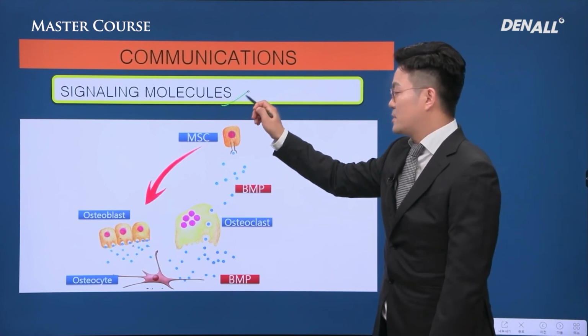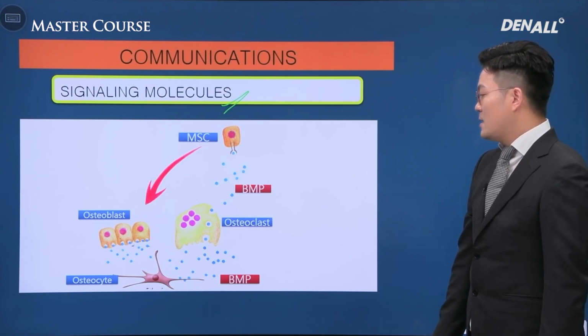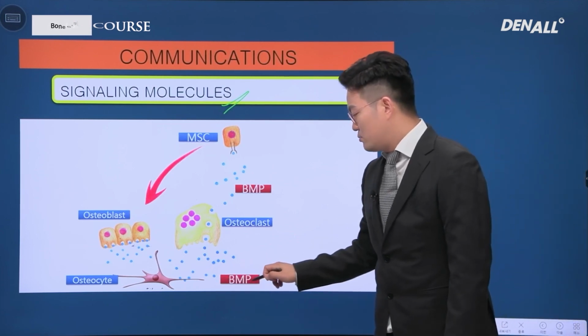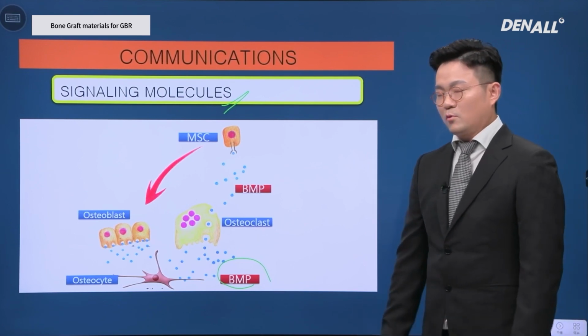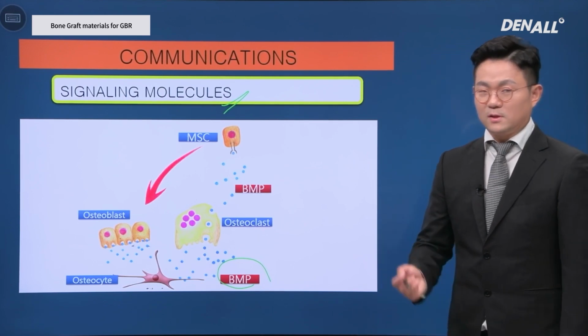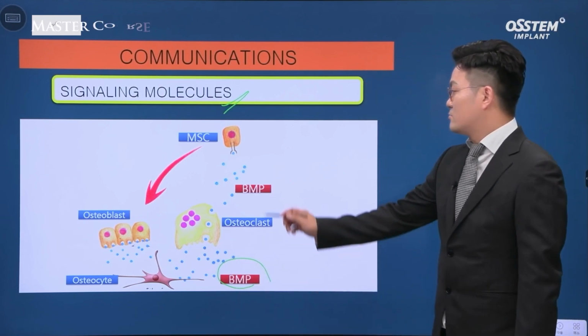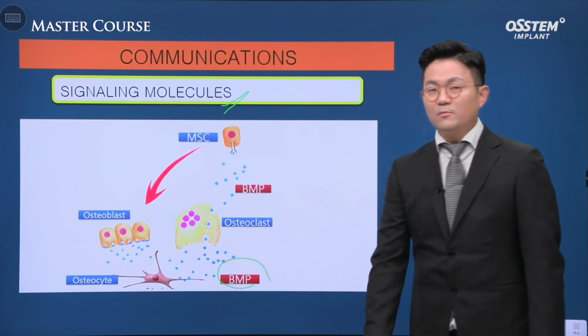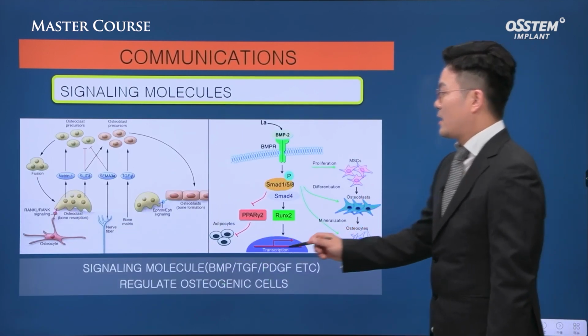So in the process, signaling molecules play an important role. The representative ones are BMP molecules. We heard about cytokine storm in relation to COVID-19, and that is happening here. BMP molecules get involved in the communication between cells.